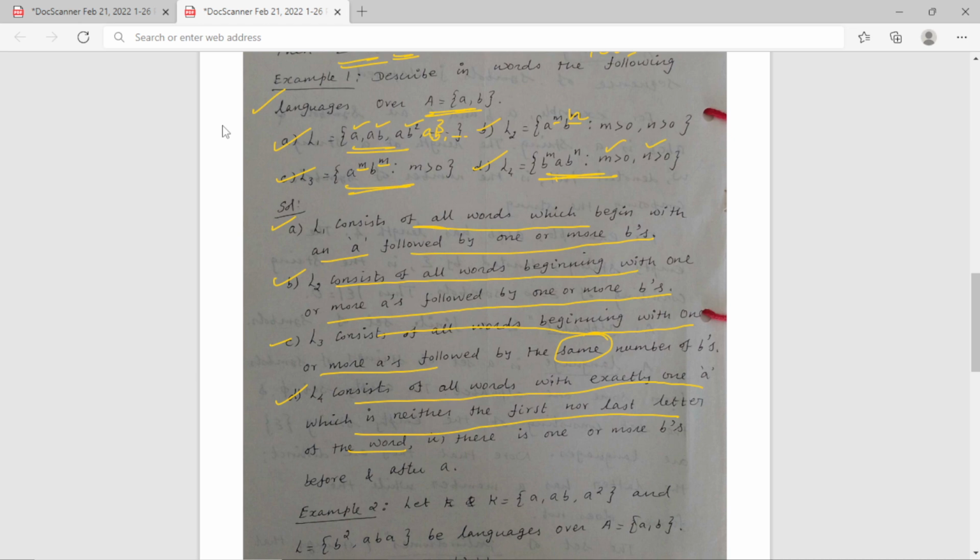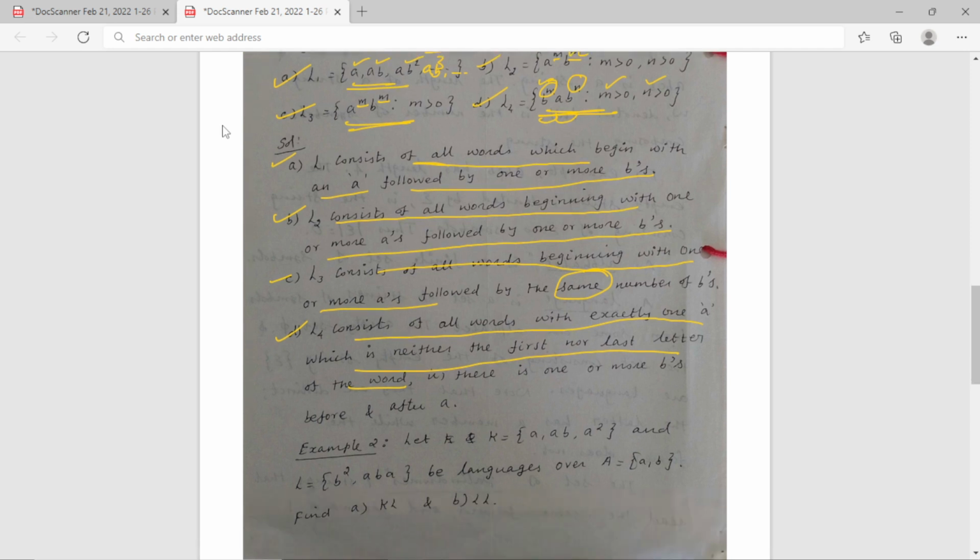Also, there are one or more B's before and after A, but they are not in the same number, because both of them have different powers here.